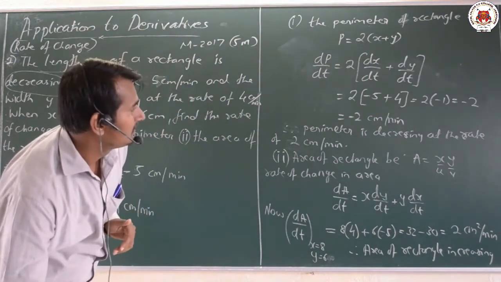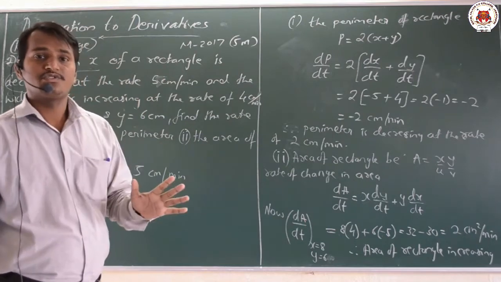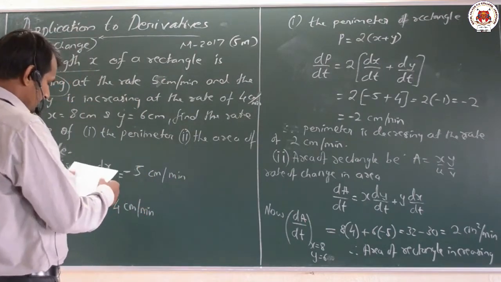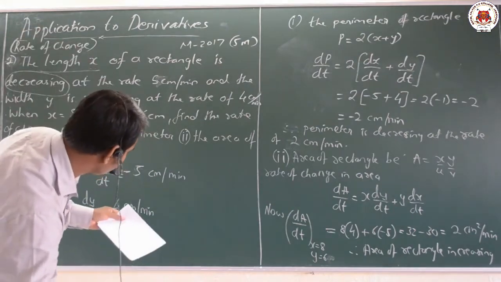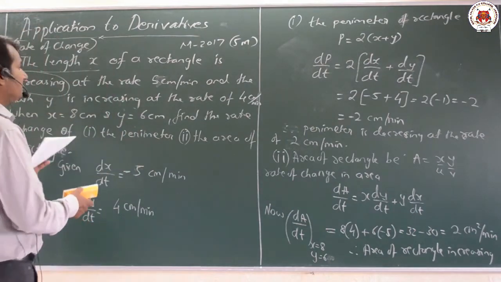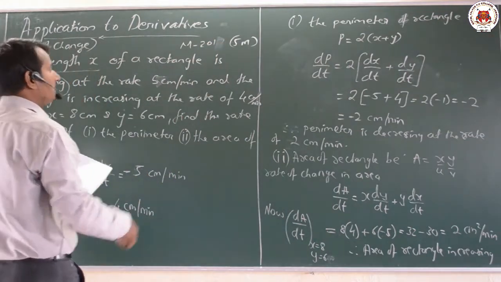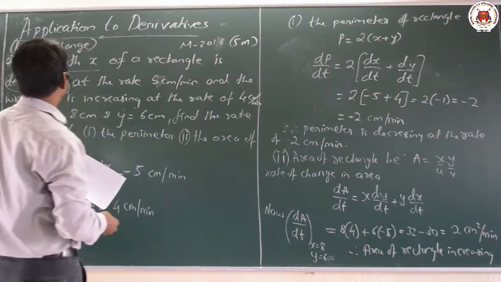Dear students, it is a very simple problem asked in a question paper for 5 marks. One more question very much similar to this has been asked in your question paper in March 2016, again for 5 marks.